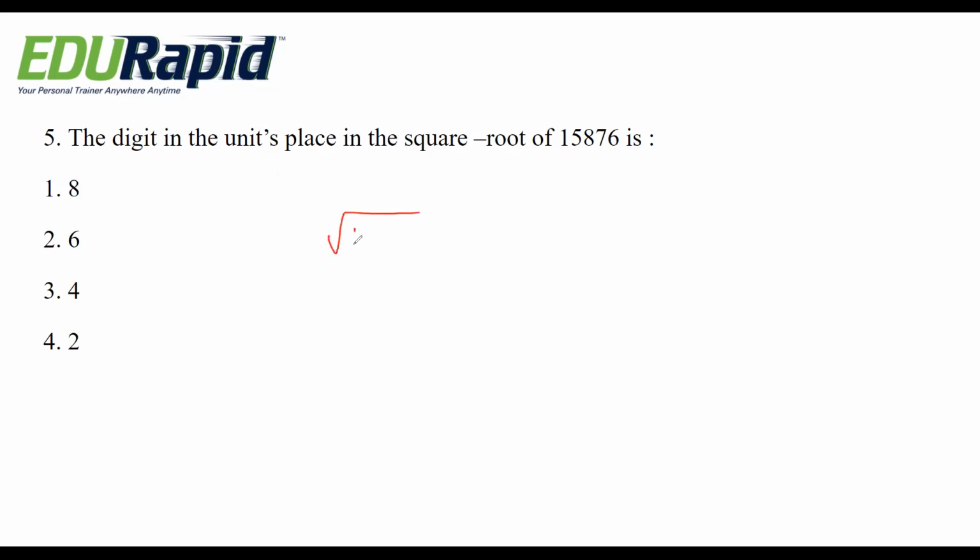What is the square root of 15876? For finding the square root of a 5 digit number, there's a trick: leave the last two digits and take the remaining first three digits.